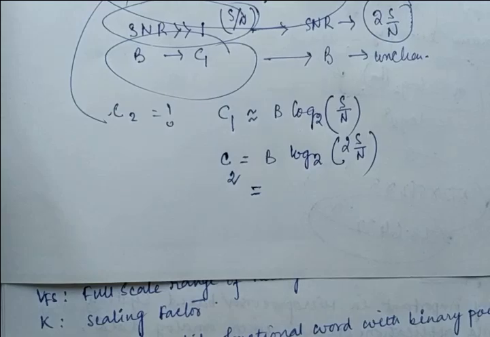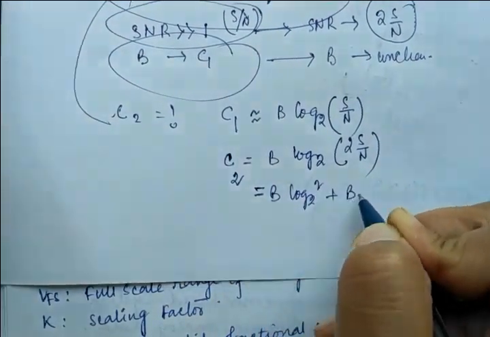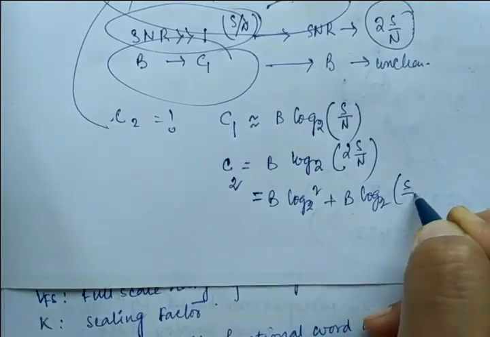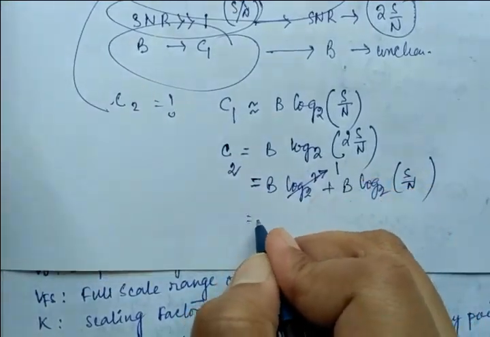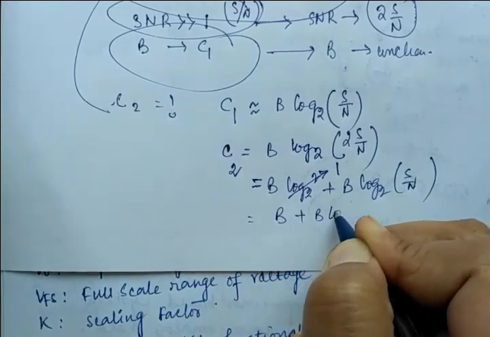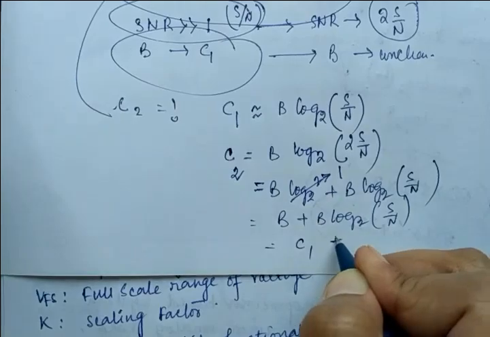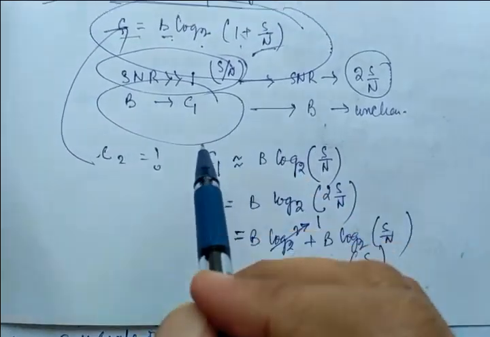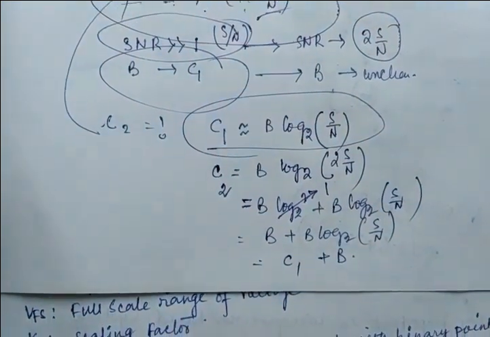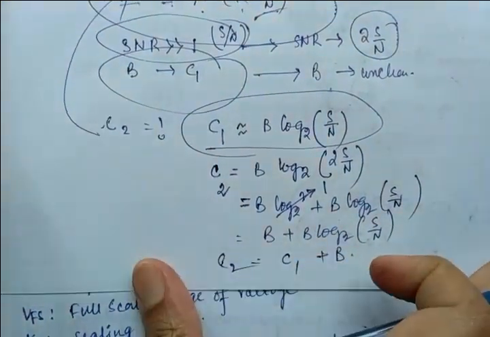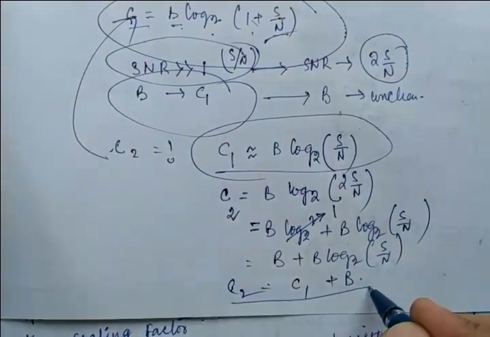This will be added: B log 2 2 plus B log 2 S by N. Log 2 2 means 1. So this will become B plus B log 2 S by N. So this will become C1 plus B, because C1 we have already calculated is B log 2 S by N. So the relation is C2 equal to C1 plus B.